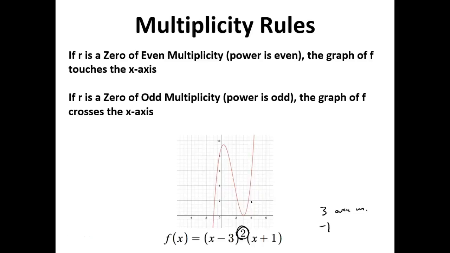And so that's what happens when those are even. And the reason that's happening is because no matter whether, so here, before it's going to touch, these values in here make this negative, because these values are less than 3, but that doesn't care.